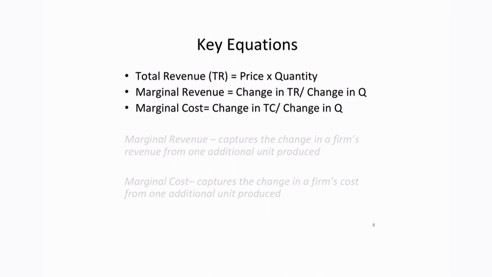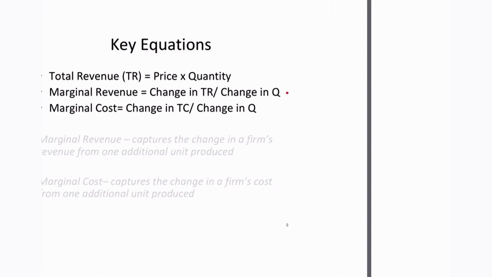So when we look at maximizing profits, we're looking at total revenue, price times quantity, as well as marginal revenue, which is going to be the change in total revenue divided by the change in quantity. Marginal cost is going to be, recall from Module 4, change in total cost divided by the change in quantity.